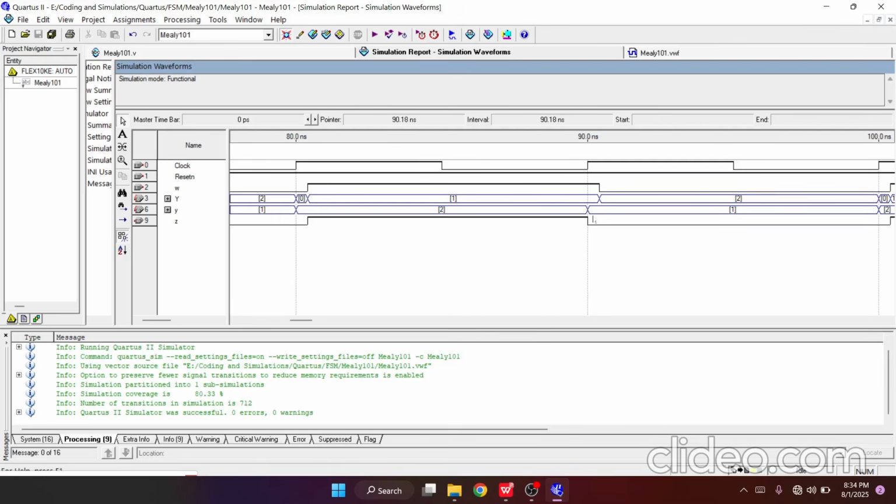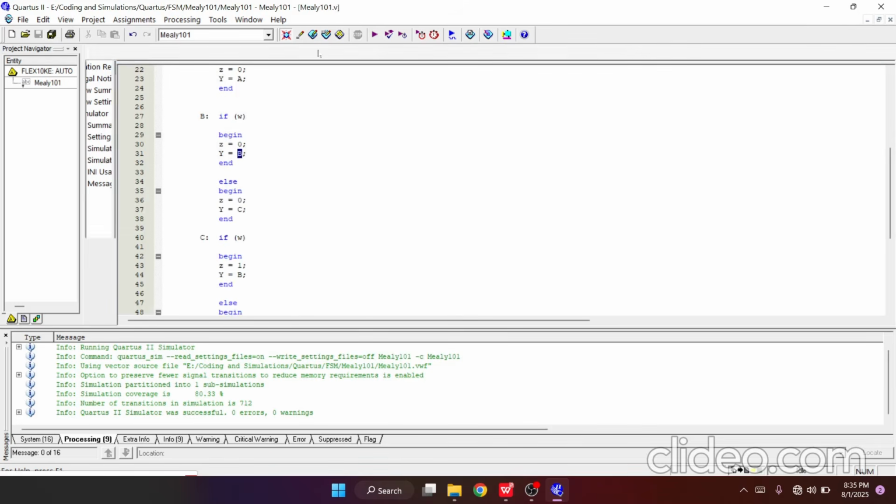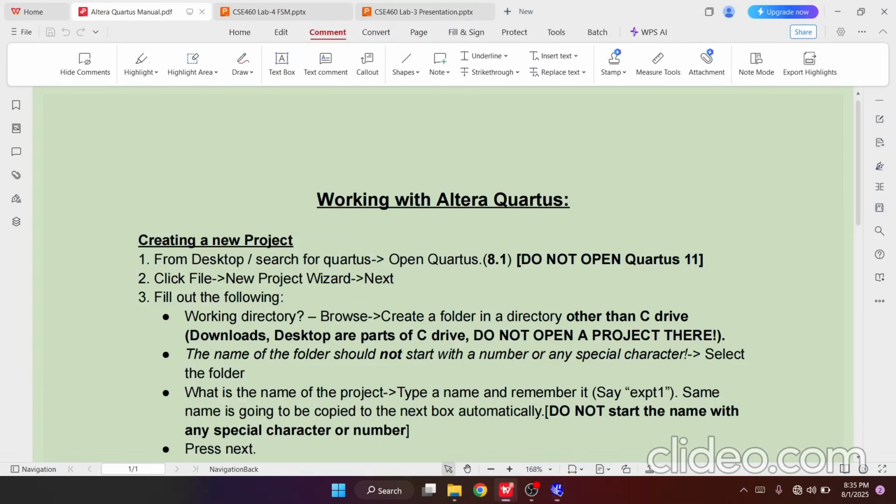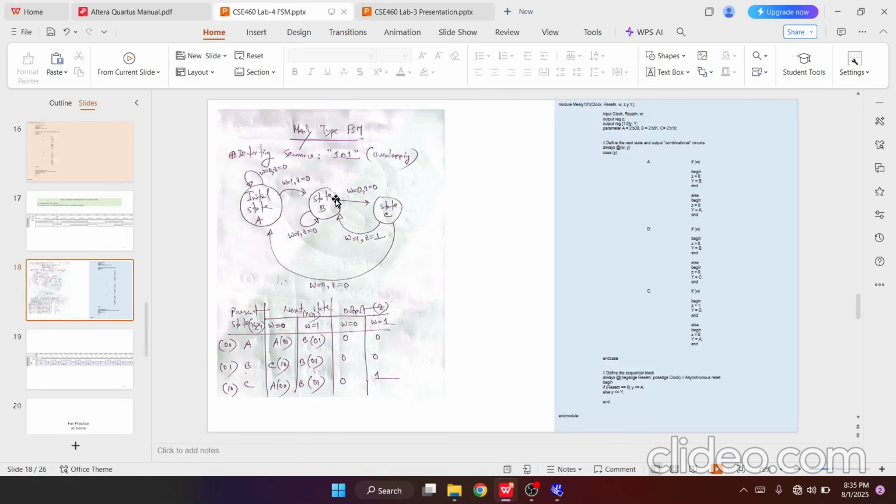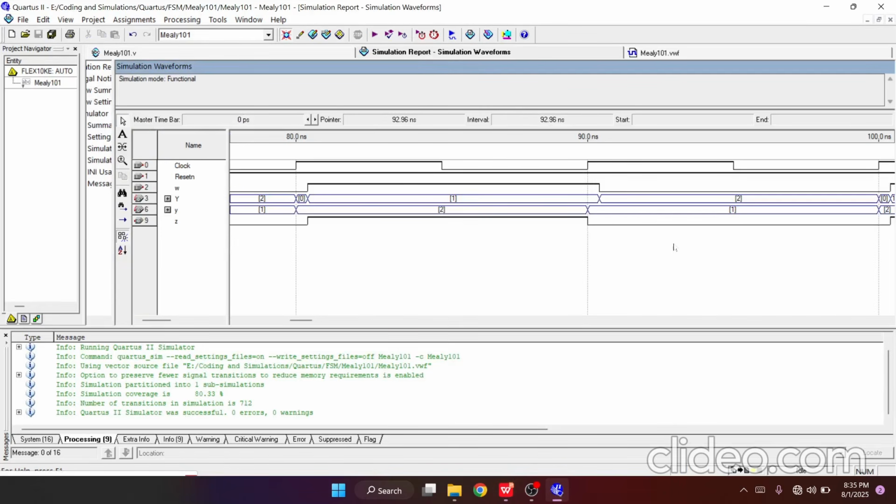This time this output is 0. Now while being in B state, when the input W equals 0, you should go to what? C state, but output should be 0. So let us check here as well.